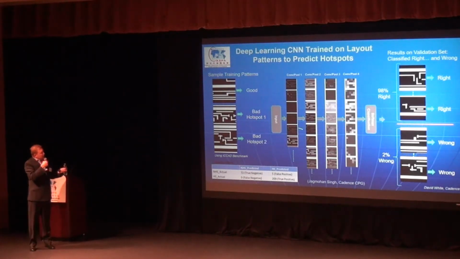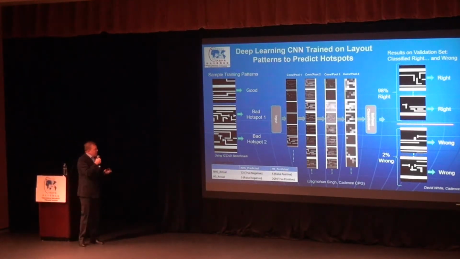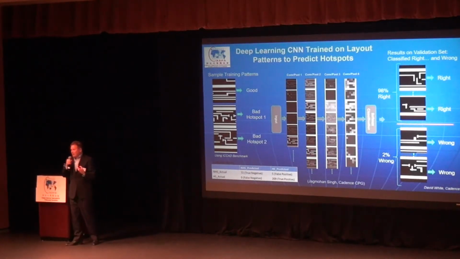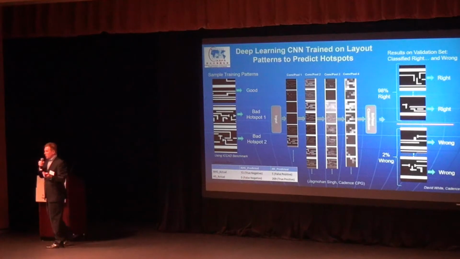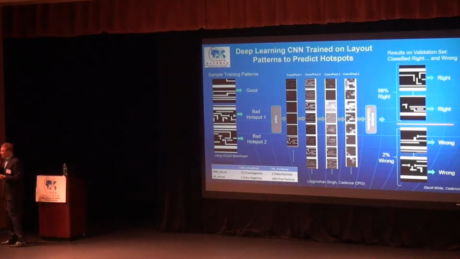And we train them using deep learning to categorize the ones that are good and the ones that are bad. You can see here for this example, we got 98% right, 2% wrong. What's interesting is how deep learning actually breaks down layout into features and the features it extracts. Some of the features it extracts are obvious features, right?